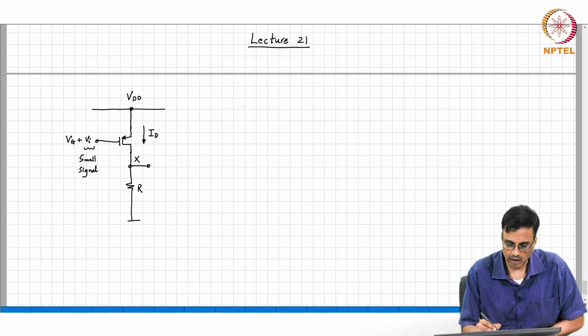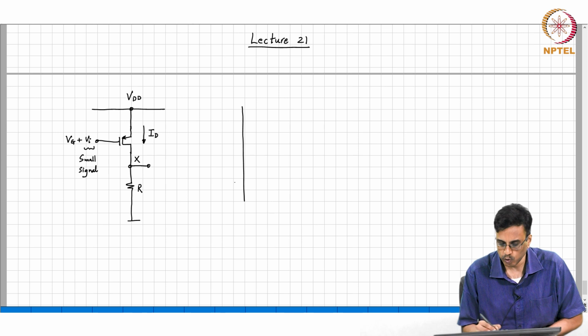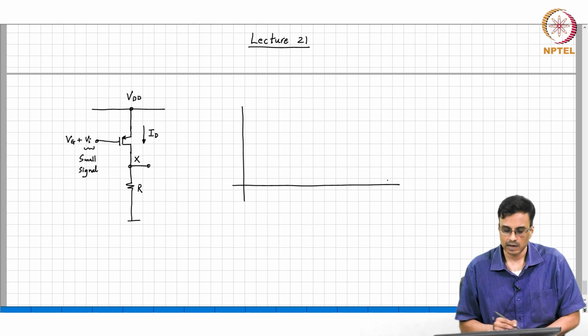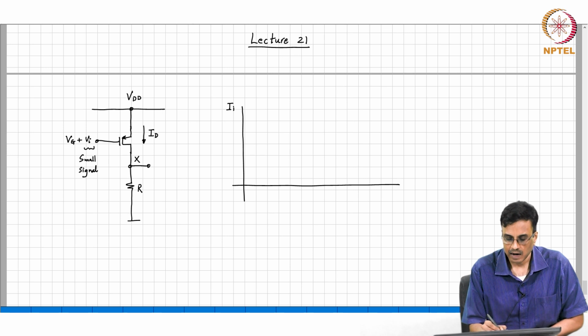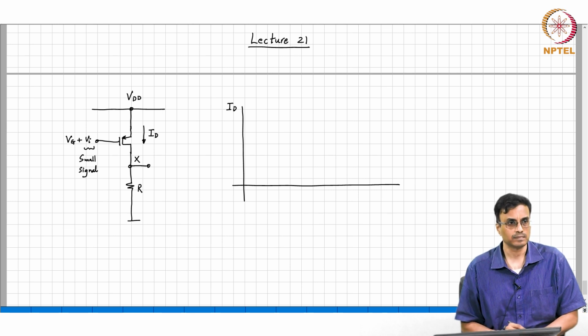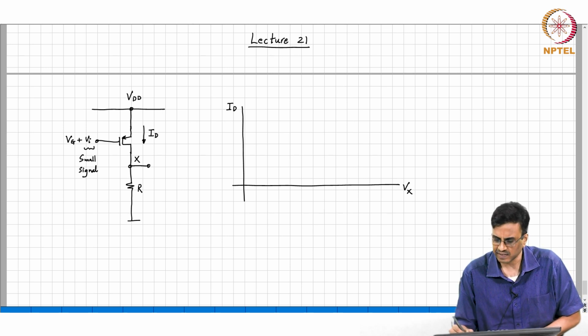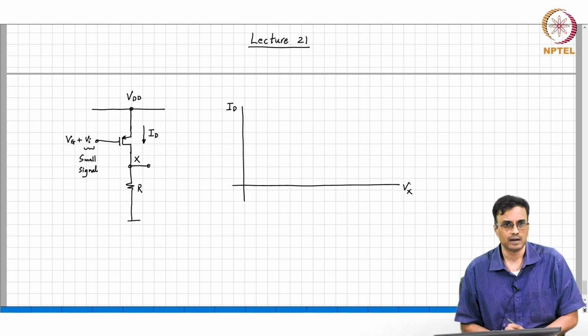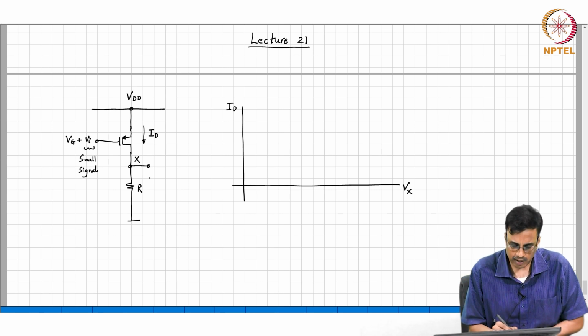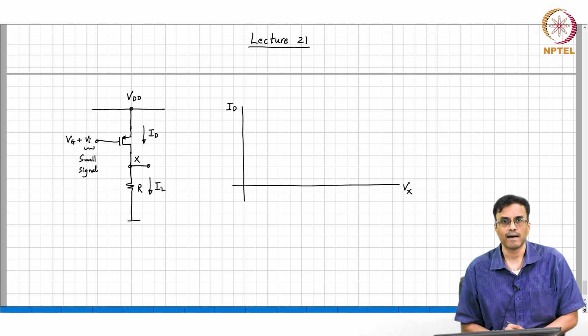So, what should I do to get the operating point? I will plot ID as a function of Vx, that is what I need, correct, and I will plot IL as a function of Vx.